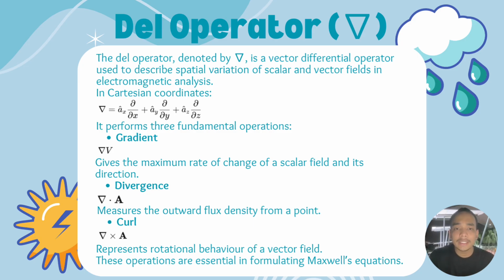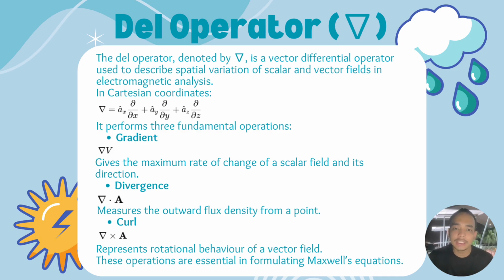Next slide, del operator. The del operator, represented by the symbol nabla, is a vector differential operator used to describe spatial variation of fields. In Cartesian form, it is written as del equals ax partial over partial x plus ay partial over partial y plus az partial over partial z. It performs three main operations.